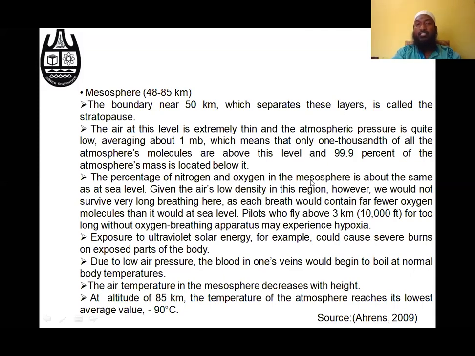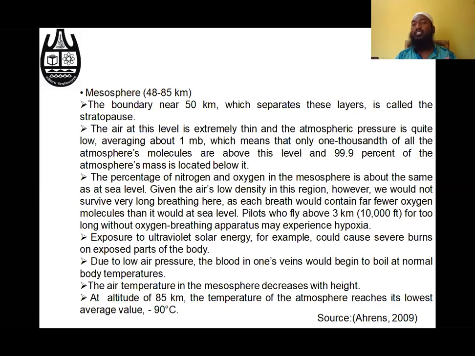And in the mesosphere, if we wanted to feel the air pressure, what would happen? For example, our blood would boil. That means at such minimum atmospheric pressure, with normal temperature, the blood inside our veins will boil and could burst because of the lower pressure. On the ground, we have 14.7 pounds per square inch on our body, which creates a good pressure on us.